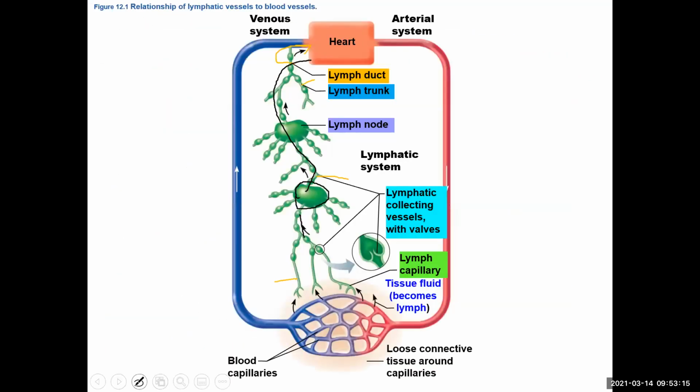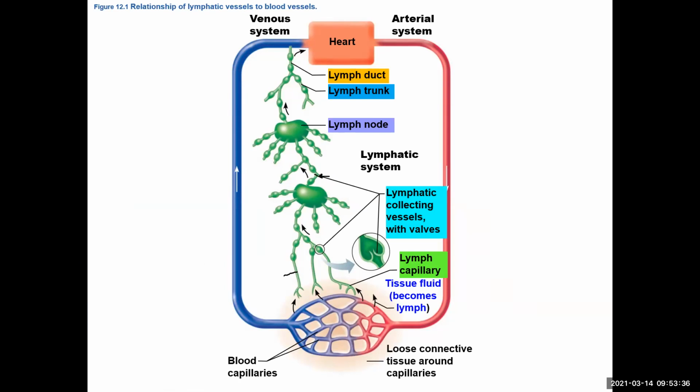Look at this diagram. These smaller capillaries join together and form something called the collecting vessels. As you can see here, these are collecting vessels. So the order is capillaries unite to form the collecting vessels.